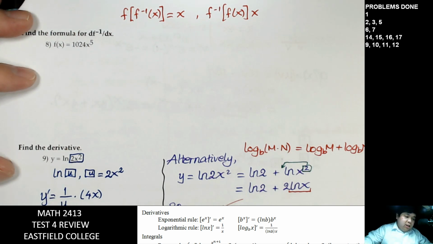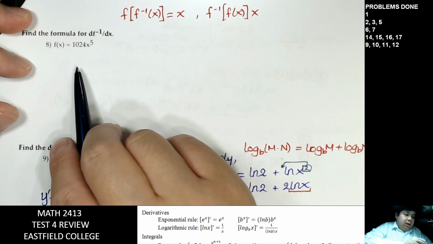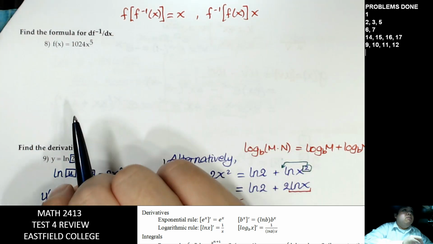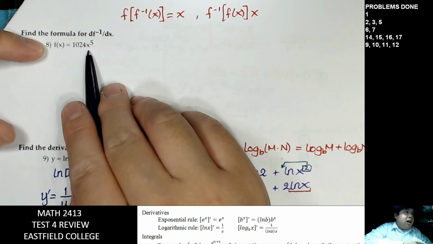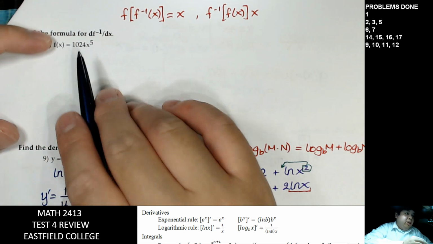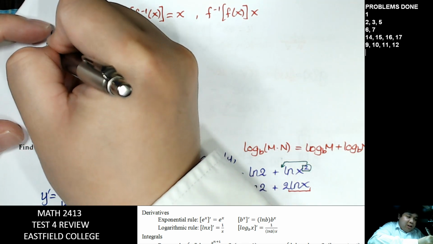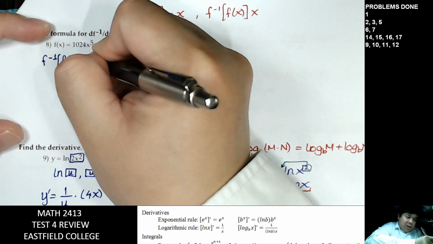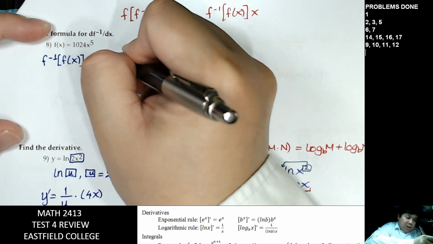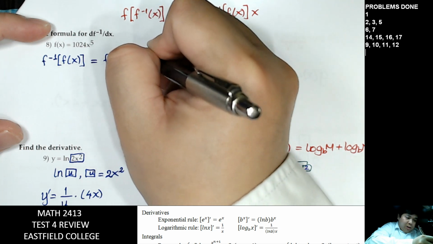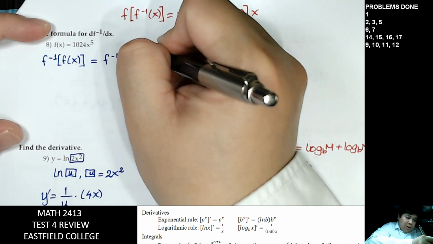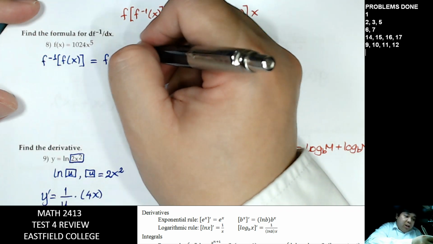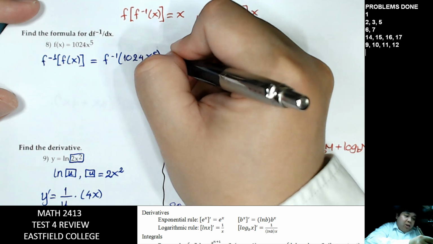So we're going to write either one of them. But since f of x is like this, just take the inverse in front of it. So we take the inverse on both sides. Notice that this with the inverse of the function will turn back into x.